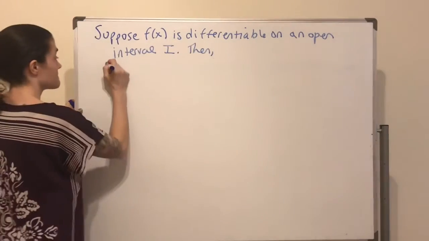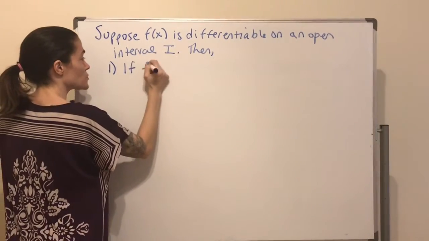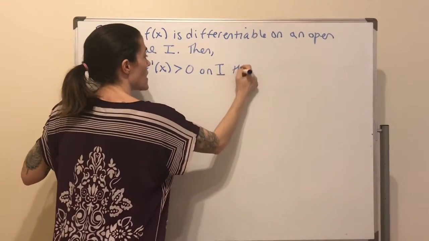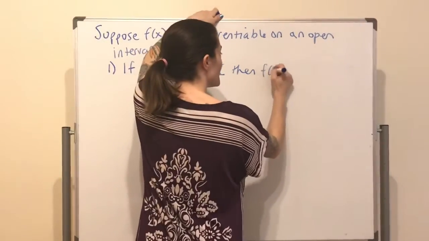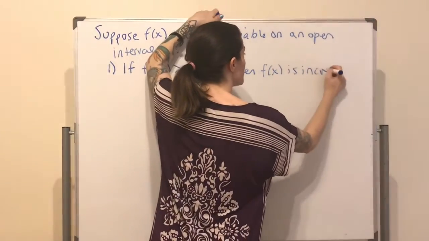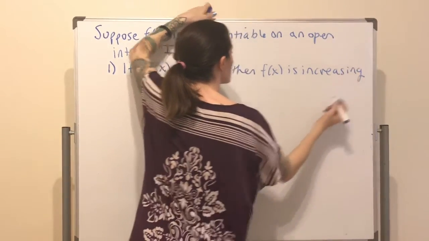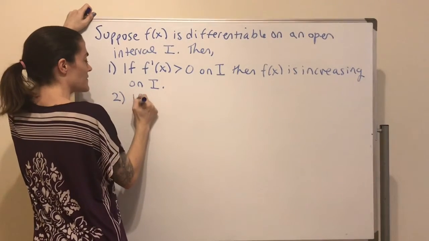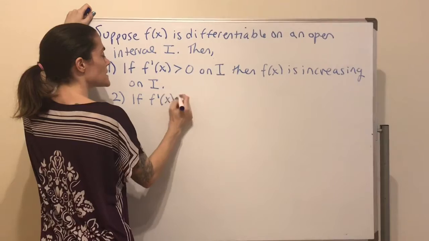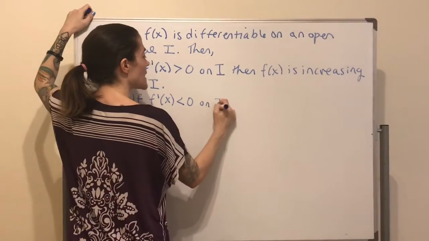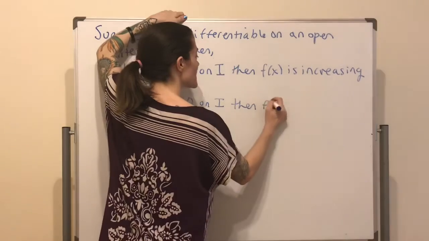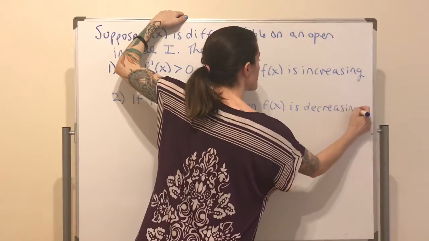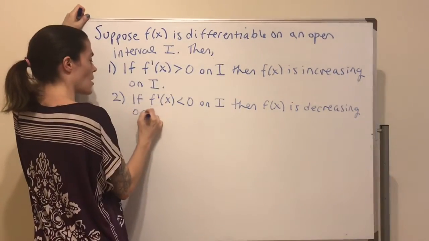Part one is if the derivative is positive on I, then the function is increasing on I. And the second part, if the derivative is negative on I, then the function is decreasing on I.